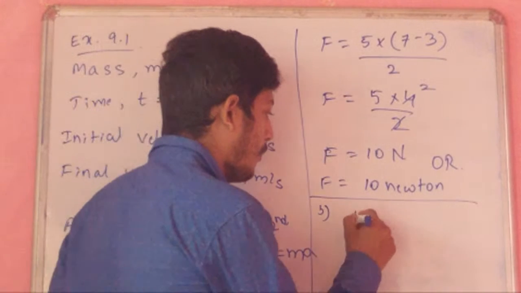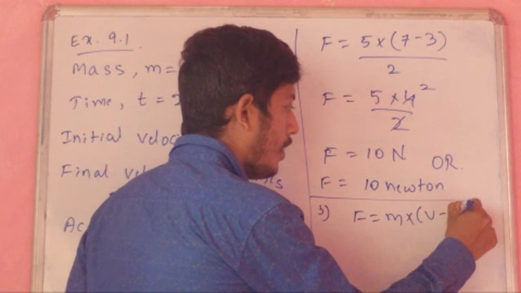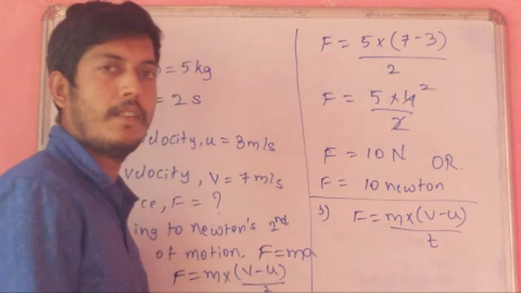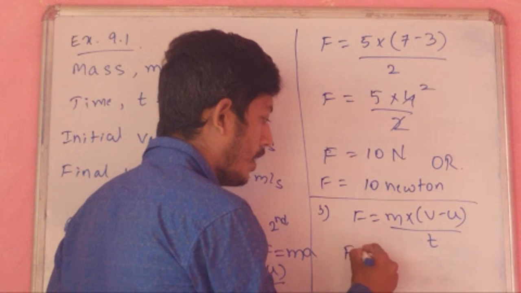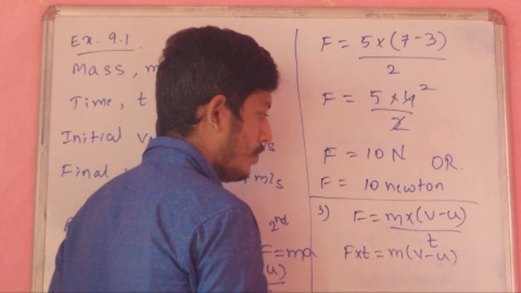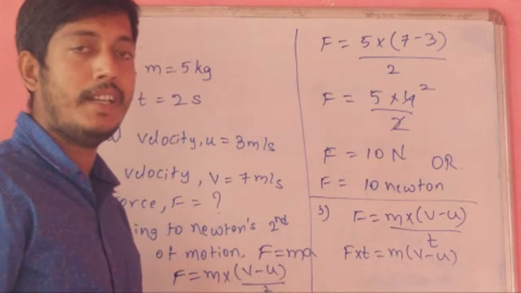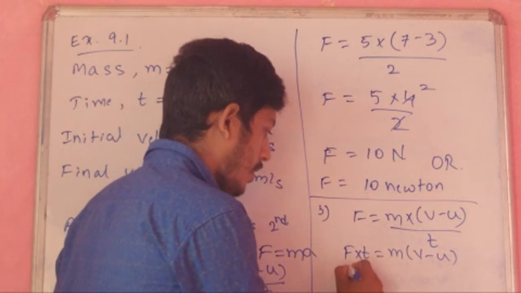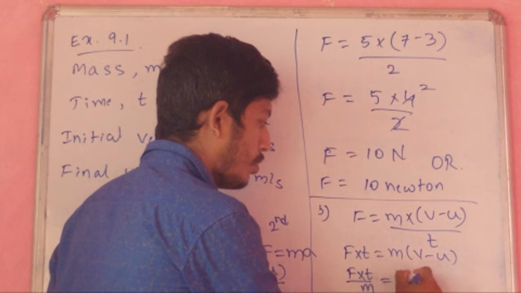We have the formula F equals m into v minus u divided by t. When I cross multiply, it becomes F into t equals m into v minus u. When I take this m to the left hand side, it goes to the denominator: F into t divided by m equals v minus u.